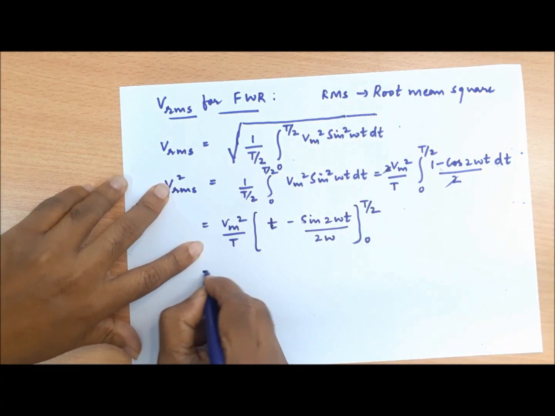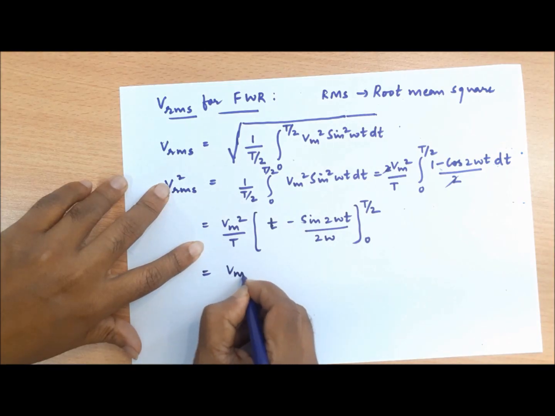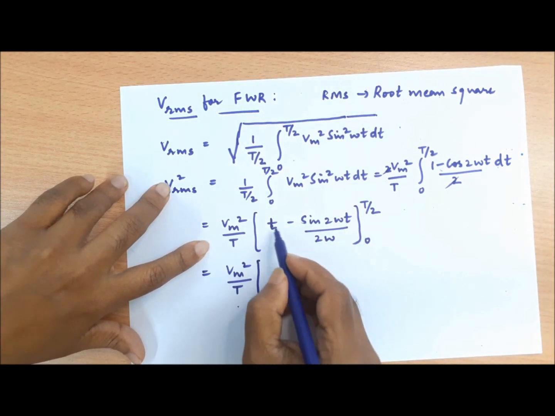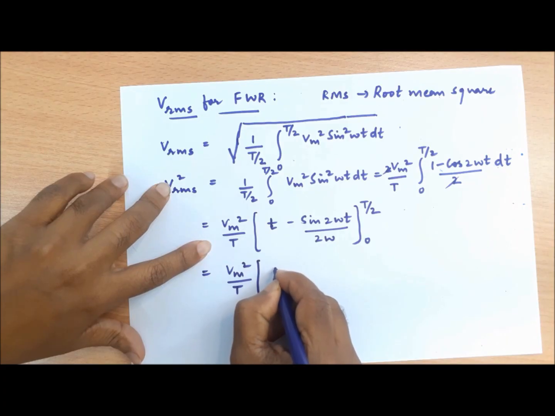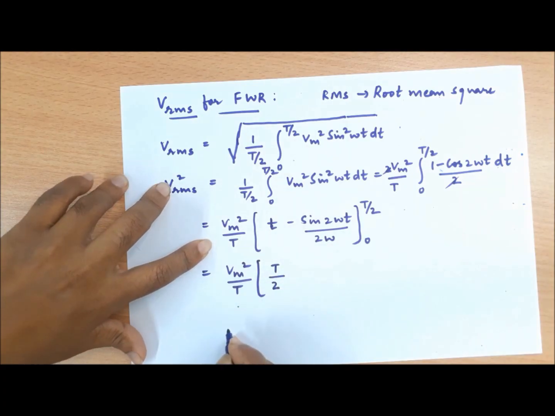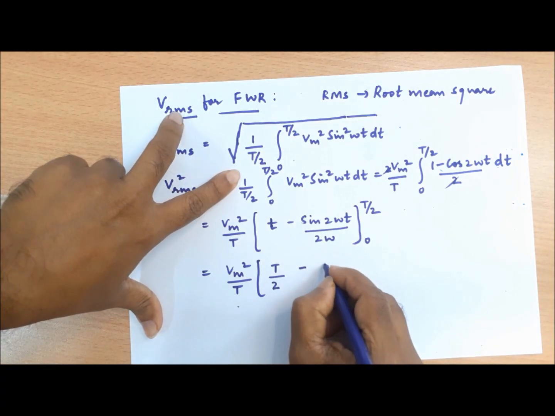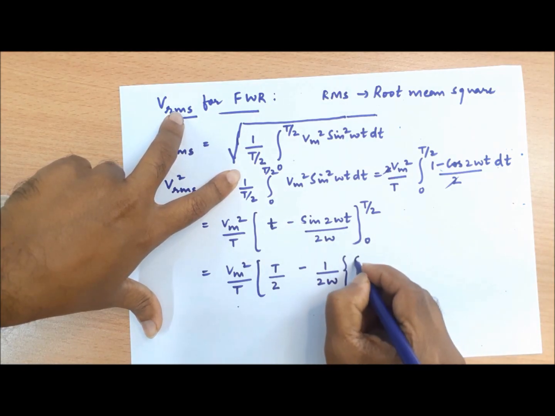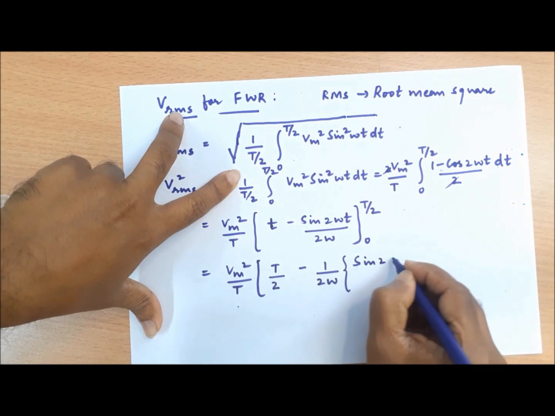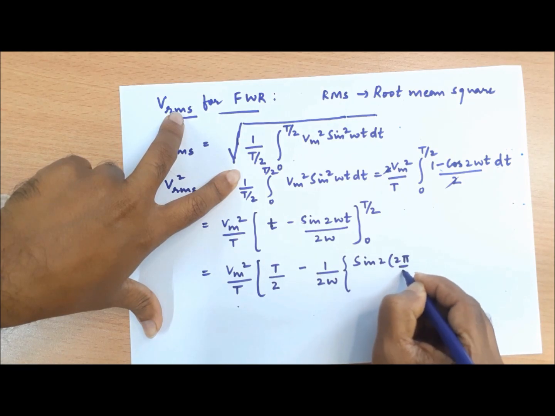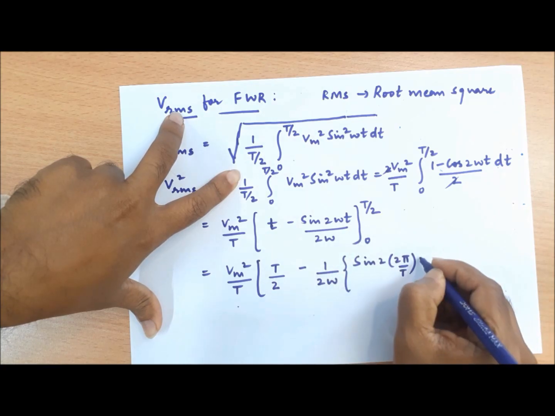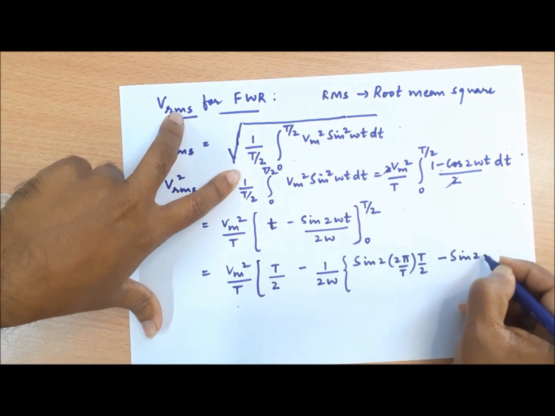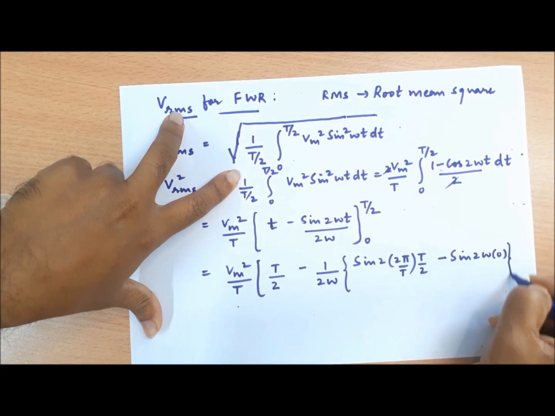Now if I substitute, I get Vm square upon T, times T by 2 minus 0, which is T by 2, minus 1 upon 2 omega, sine 2 omega, which is 2 pi by T, substituting T by 2, minus sine 2 omega 0.